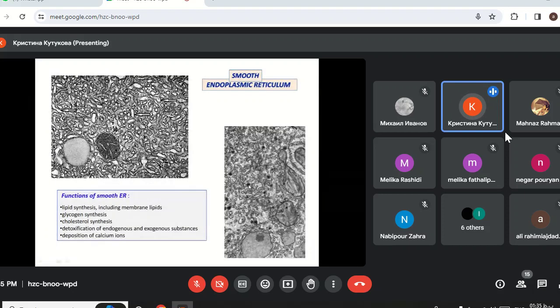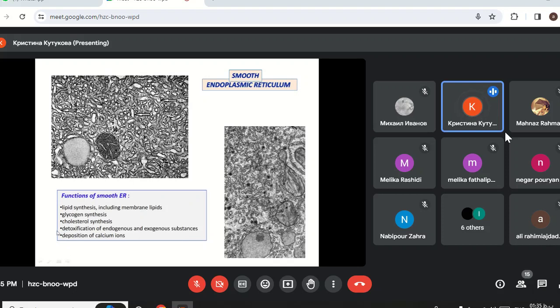Glycogen looks like dark inclusions like this. Next, cholesterol synthesis. Cholesterol is the lipid also included in cell membrane, so cholesterol is good. It is for membrane stability.